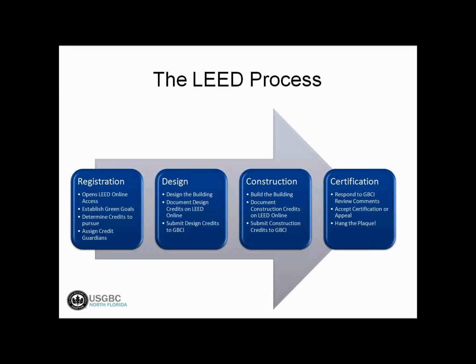And they do that in 2 steps. This is the preliminary design phase review, where they'll take 4 weeks, they say. They look at all the credits, and then they send us back comments and say, we've approved these credits, and these credits we have some comments and require additional documentation. You need to give us an extra cut sheet, or we did the calculation and you made this mistake here, or you just missed the boat completely.